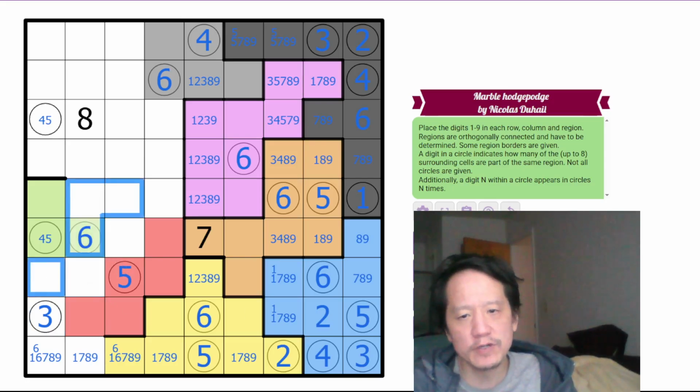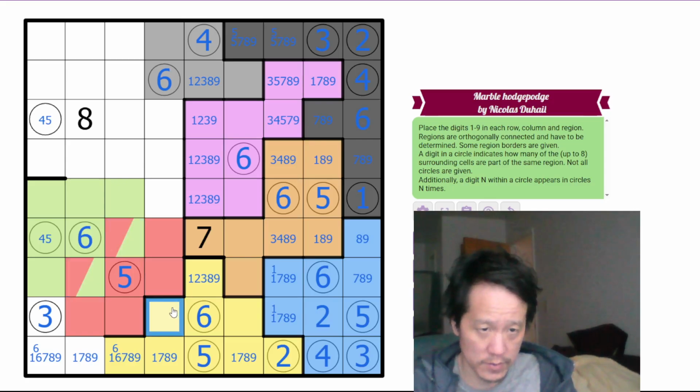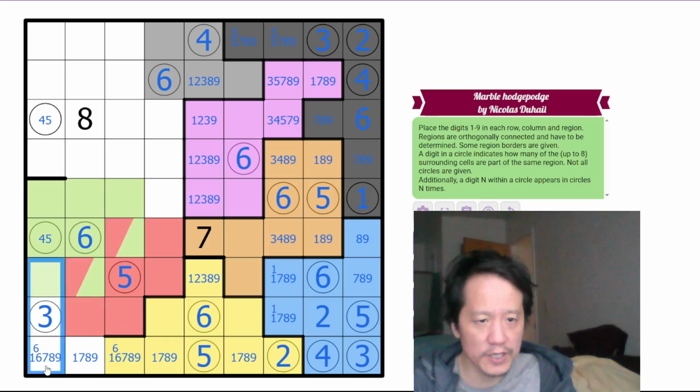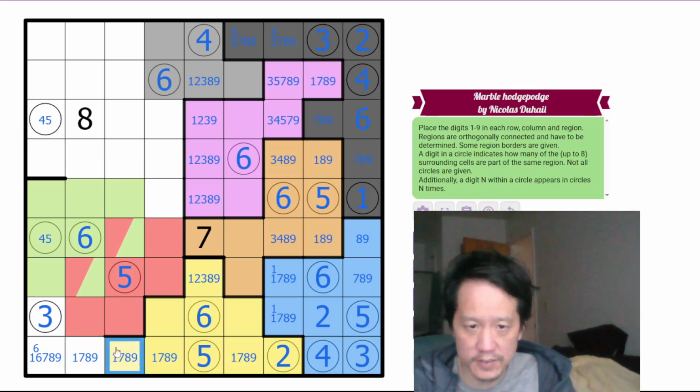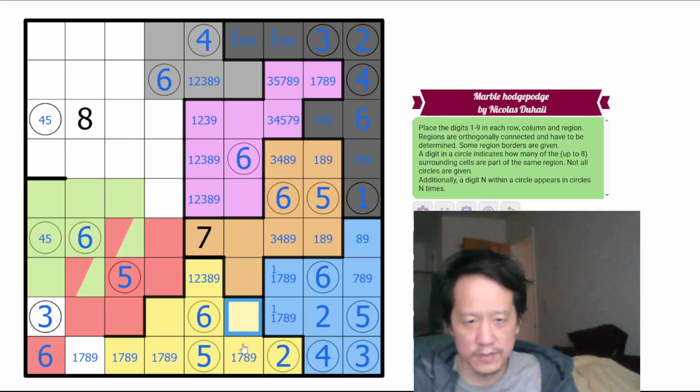This all must be green. And this is a green-red combination here. The green cannot go any further here. Oh, this can't be 6. Therefore, this is a 6 and cannot be green. So it must be part of red. This is the end of a region here. So this must be part of red also.